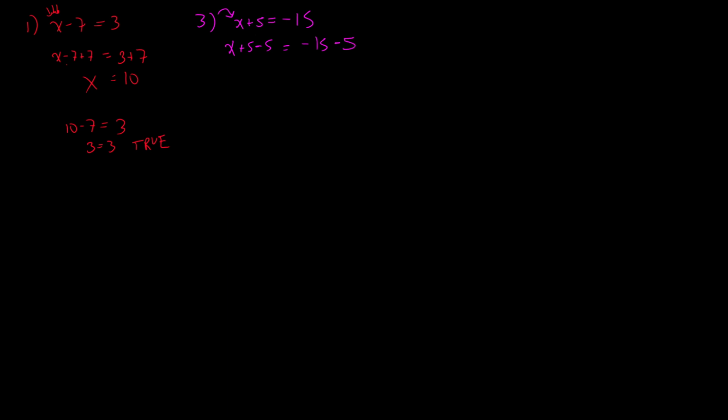And so since I subtracted 5 here, I have to subtract 5 here. So x equals negative 20. So I'll come back in and check. Negative 20 plus 5. And this is true. And so this is my solution set. X is equal to negative 20.